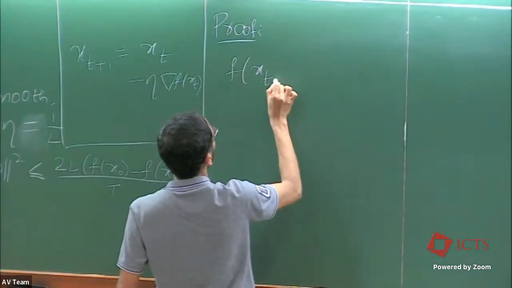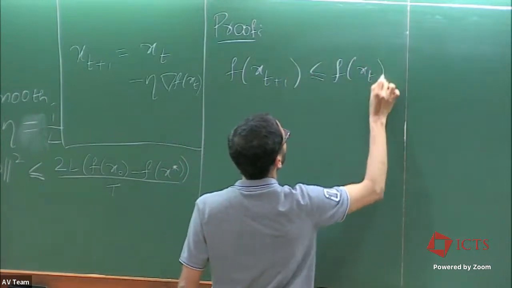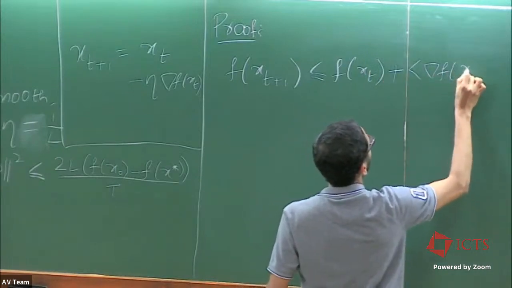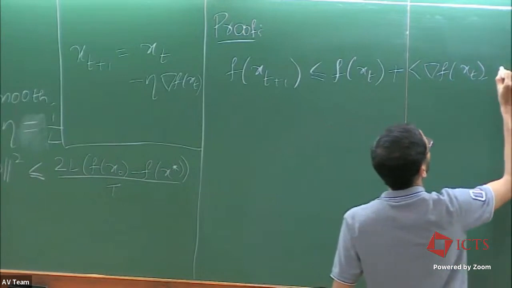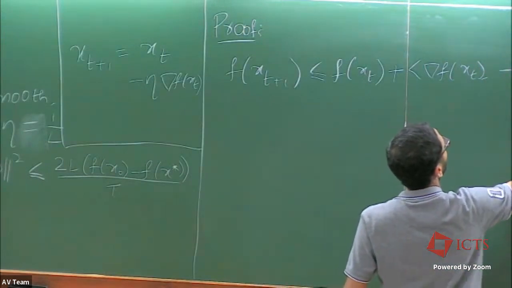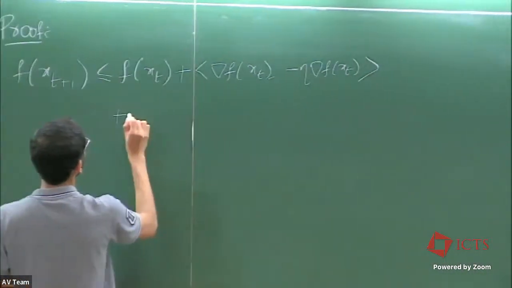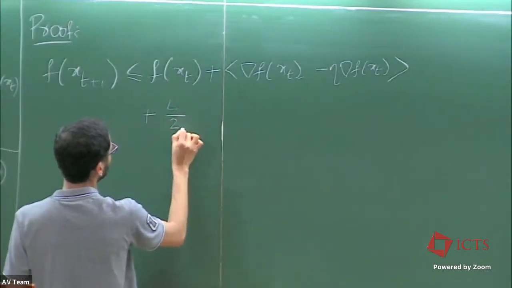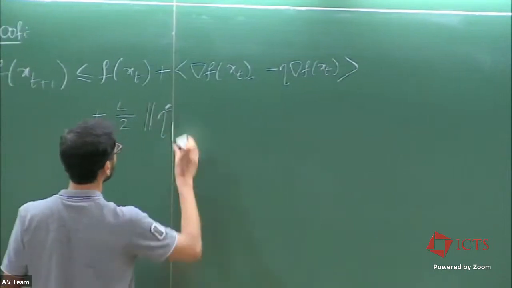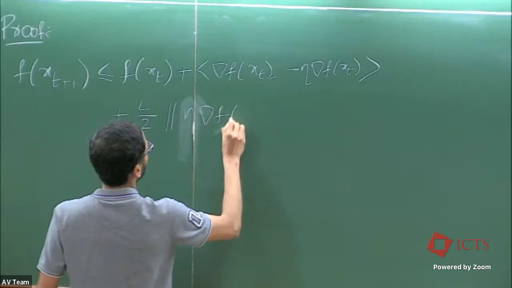So f of xt plus 1, using the smoothness condition, is less than or equal to f of xt plus grad f of xt times xt plus 1 minus xt, which is minus eta grad f of xt, plus L over 2 times eta grad f of xt square.